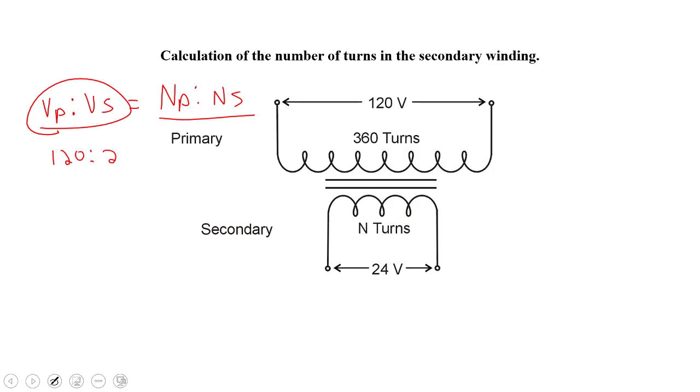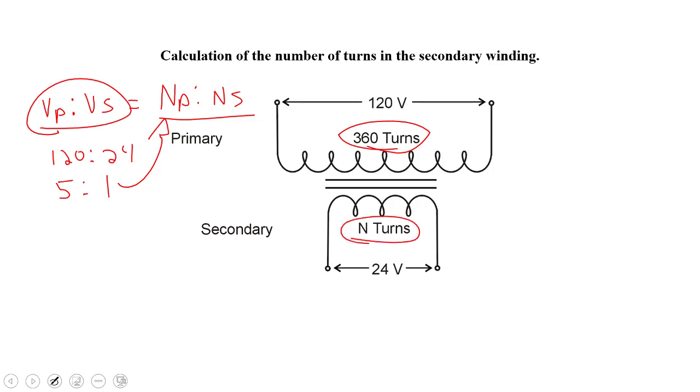So let's go ahead. 120 to 24. And if we express that in lowest terms, we would get that it's a 5-to-1 transformer. So 120 divided by 24 is 5. 24 divided by 24 is 1. And those are the same ratios. So if I look at my turns here, 360, and my unknown is the secondary turns. That's what I want to figure out.